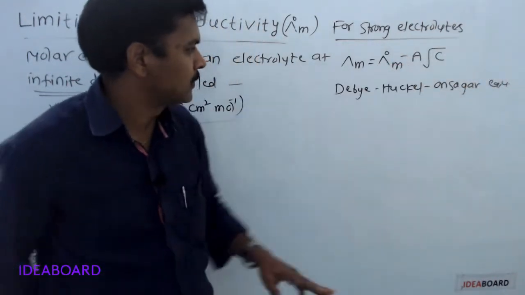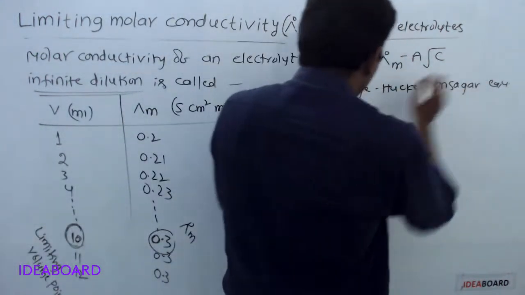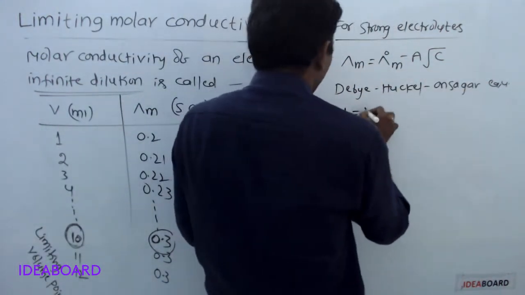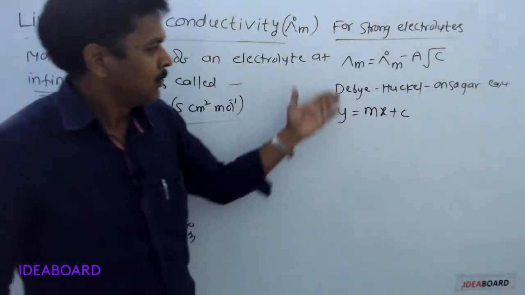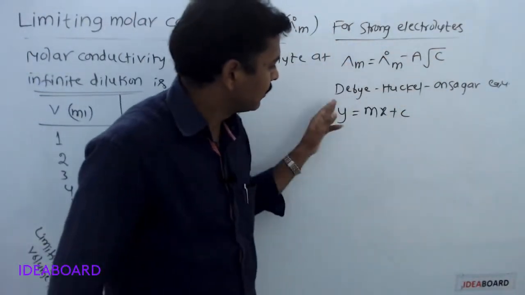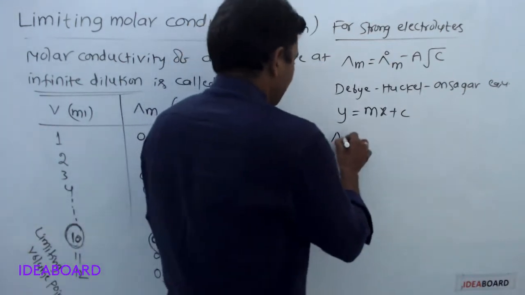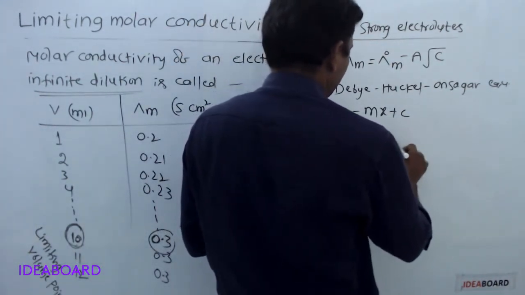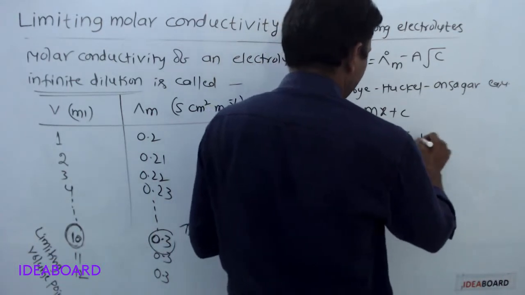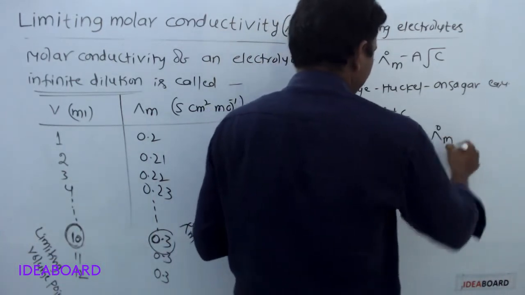This equation is similar to y is equal to mx plus c. Lambda m is equal to minus a into root of c plus lambda naught m.